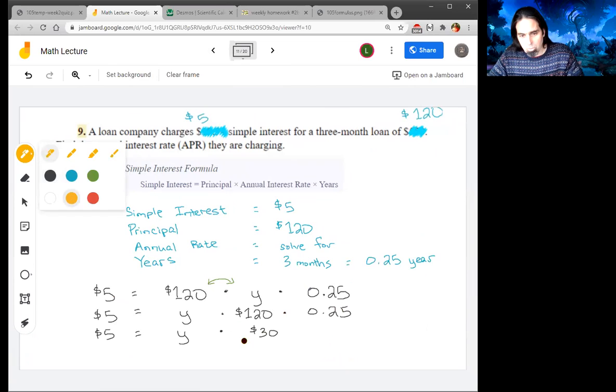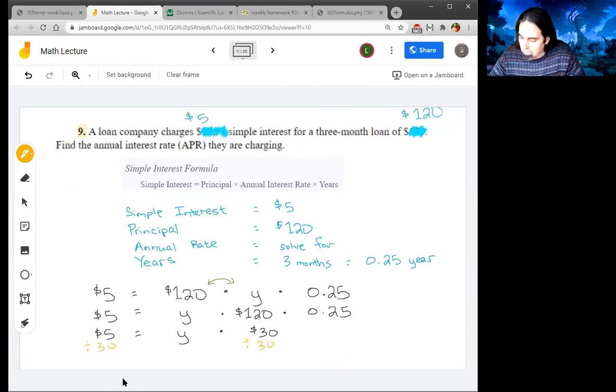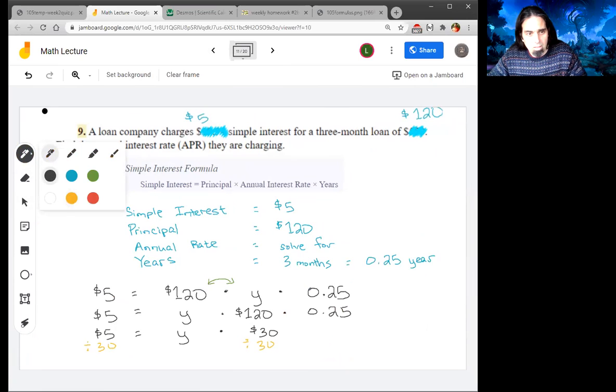And I can divide both sides by what's stuck onto y, and I get about 16.7%.